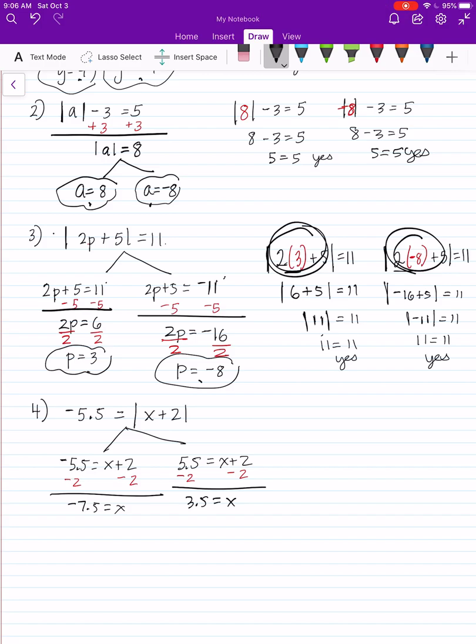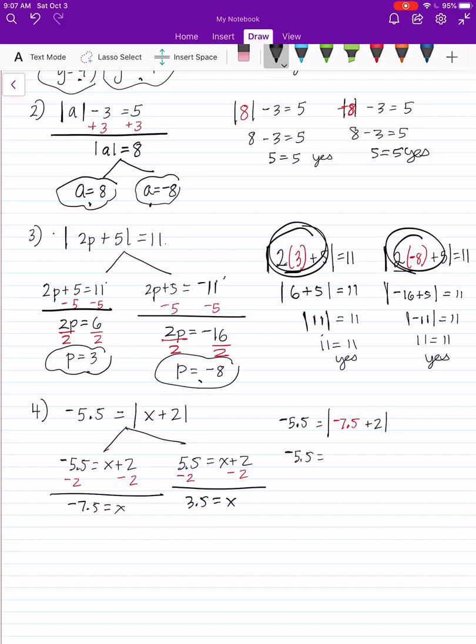So now I'm going to do my check step. So I put in negative 5.5 equals absolute value, and I put in the first one, which was negative 7.5, and then plus 2, and I solve. So negative 5.5 equals, what's negative 7.5 plus 2?